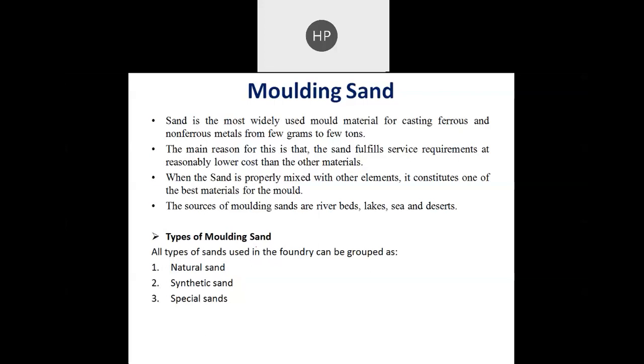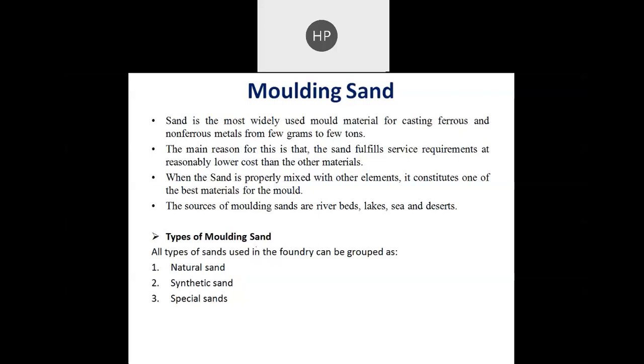So sand is the most widely used mold material for casting ferrous and non-ferrous metal, from a few grams to a few tons. So it has a wide range. With it we can cast a very small product to a very big product by using this sand casting process.